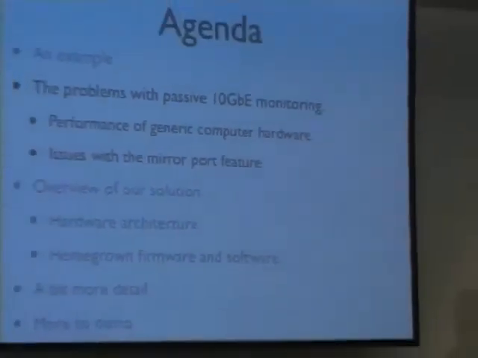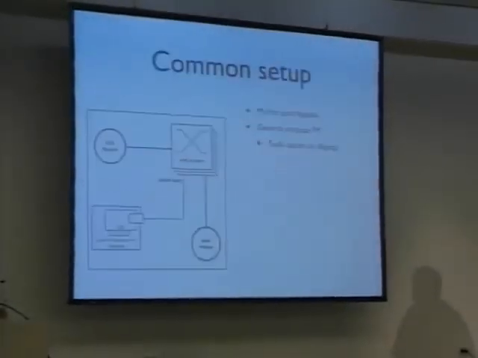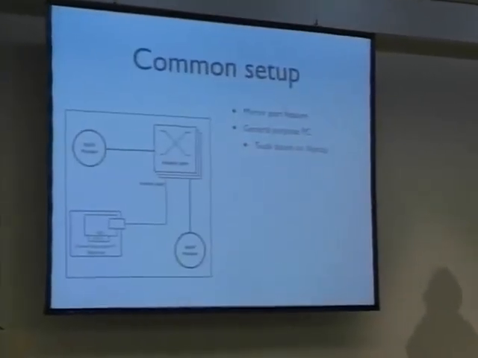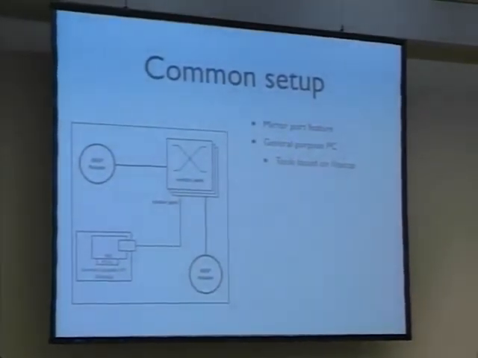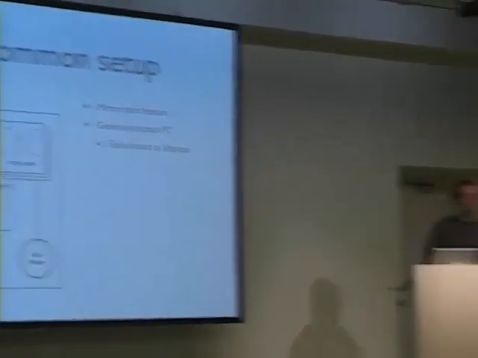So what about 10 gigabit monitoring? How do we do that? Well, let's first address what the issues are. Normally, passive monitoring you do by using a mirror port feature, or other vendors call it a span port feature, on the switch.